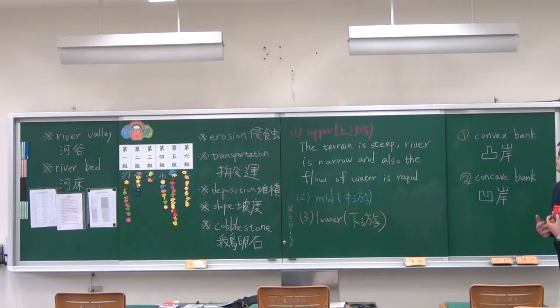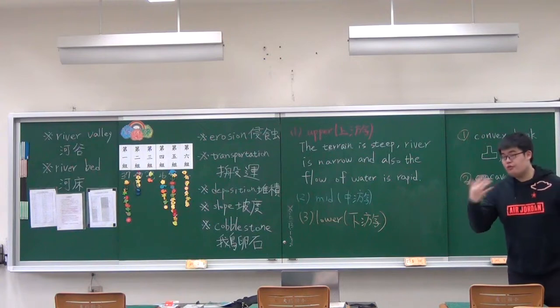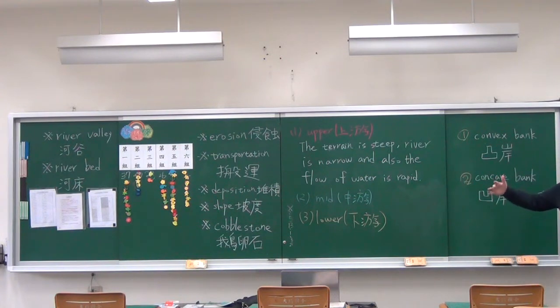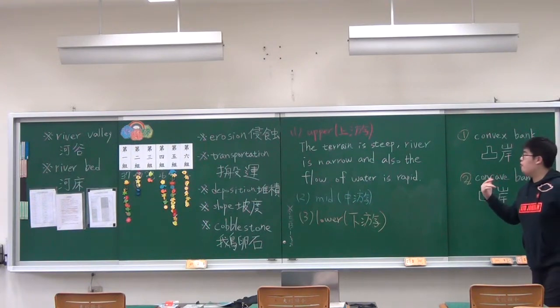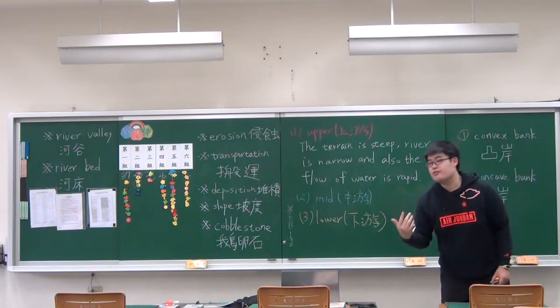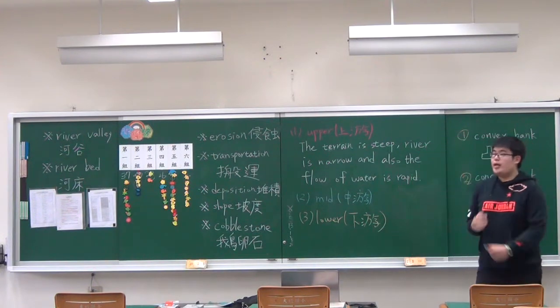Compared to the upper part, the terrain is relatively gentle, the river is relatively wide, and the water is relatively gentle.